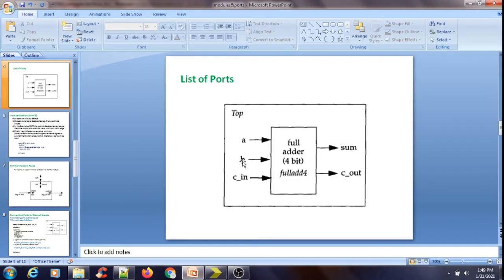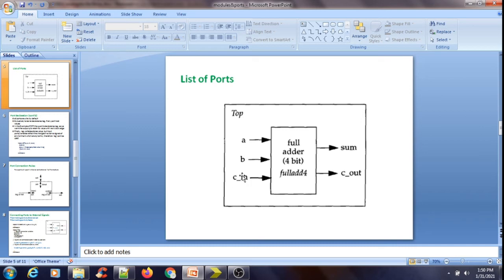These capital A, B and C in are generated externally to your 4-bit full adder or 4-bit triple carry adder module, that means inside your top level or simulation block.